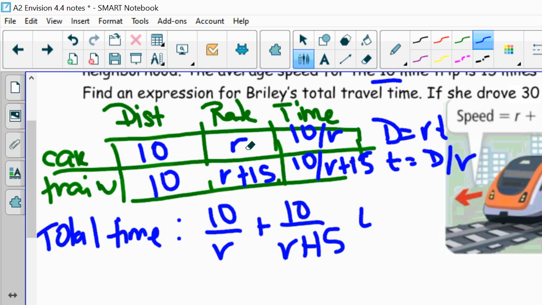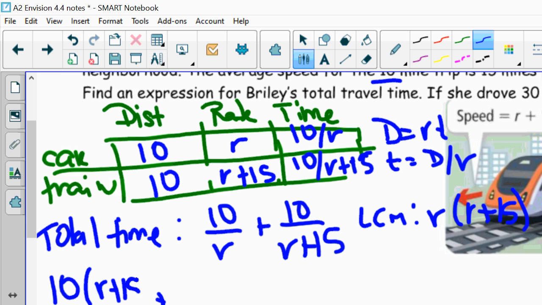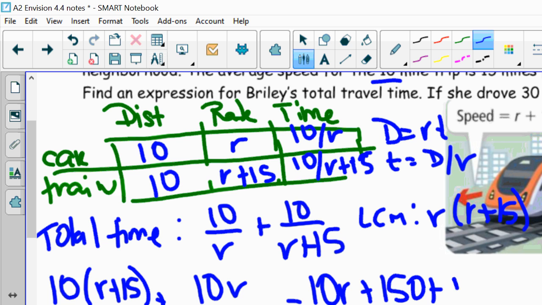Find my LCM. The first one had r, the second one r plus 15. So I need to put each of these over r times r plus 15. On top, the original one had a 10, and the original denominator was missing the r plus 15. The second one had a 10 on top, and the original denominator was missing the r. So distribute, and I get 10r plus 150 plus 10r.